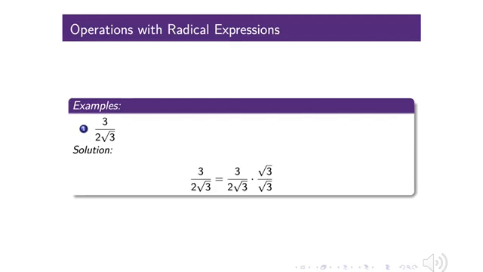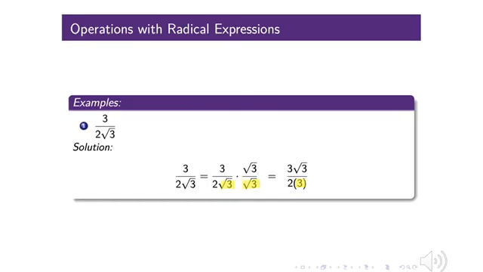For our second example, rationalize the denominator of square root of 3 over 2 square root of 3. So just like in our previous example, we are going to look for a suitable multiplier, and that is the square root of 3 over the square root of 3. Then we multiply 3 over 2 square root of 3 by our multiplier, the square root of 3 over the square root of 3.